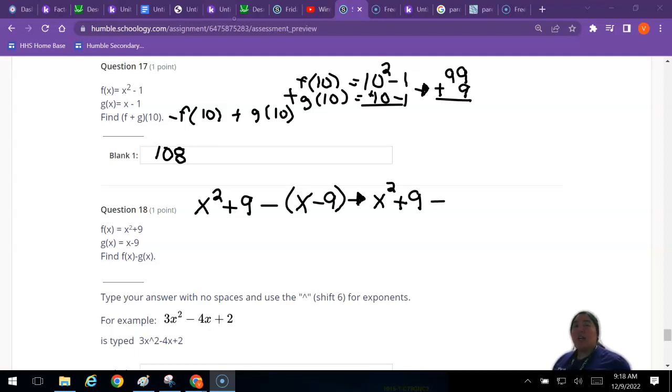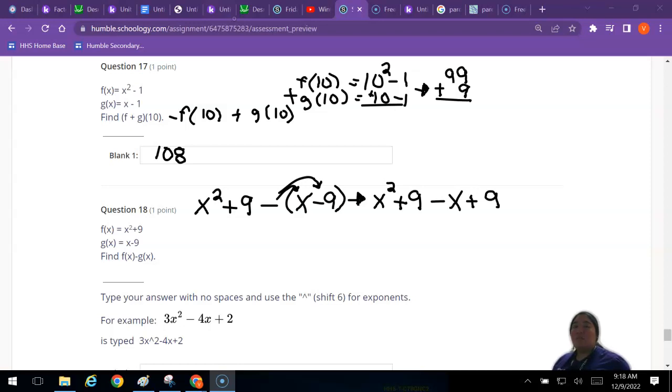So now I can write minus x, right? Because this sign changes and this sign changes. Right? To plus 9. So let me double check. I got x squared plus 9 minus x and then plus the 9.